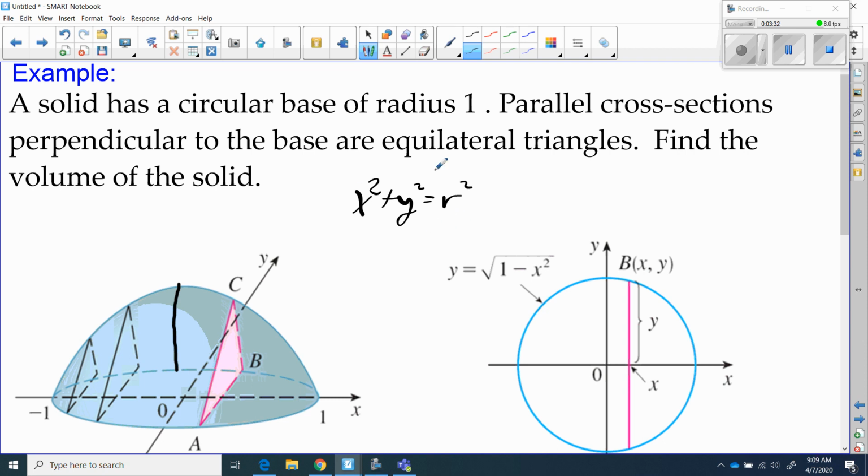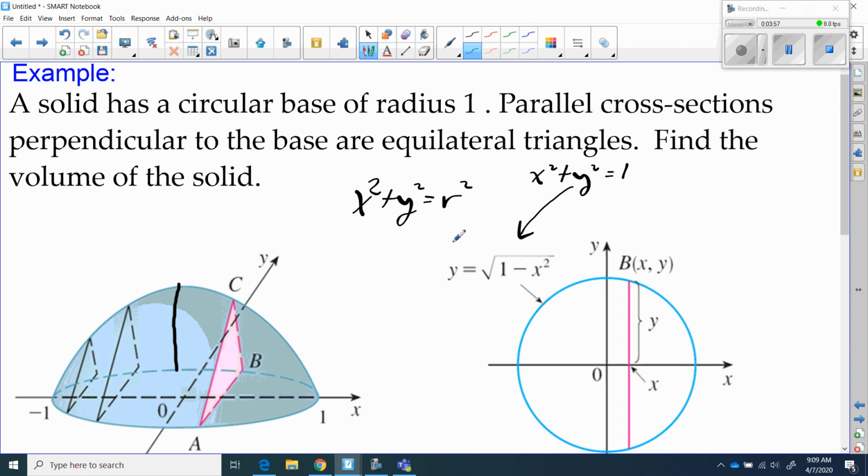That's the general equation for any circle. So this circle, centered at the origin, has a radius of 1, so its equation was x squared plus y squared equals 1. If the radius was 4, this would have been x squared plus y squared equals 16. And then they simply rearranged this formula to get y equals that.